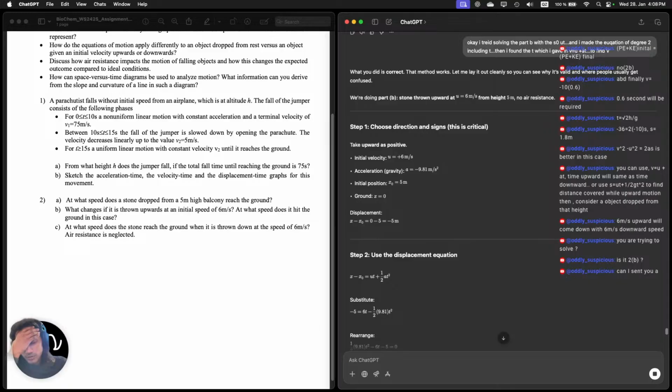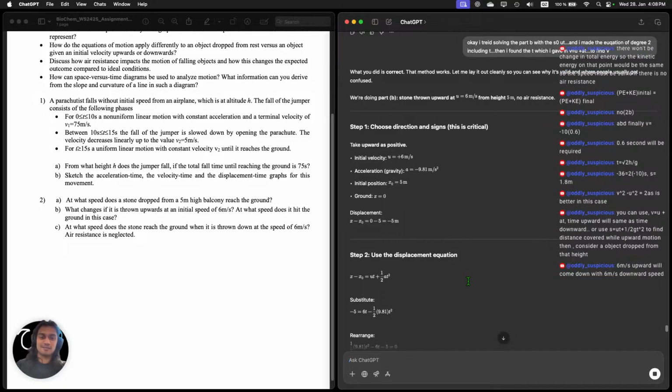Yeah, that was the reasoning ChatGPT gave me, and that was a lot of info. So I was like, nah, there won't be a change in total energy. So kinetic energy at that point would be the same. So the speed must be the same if there's no air resistance.